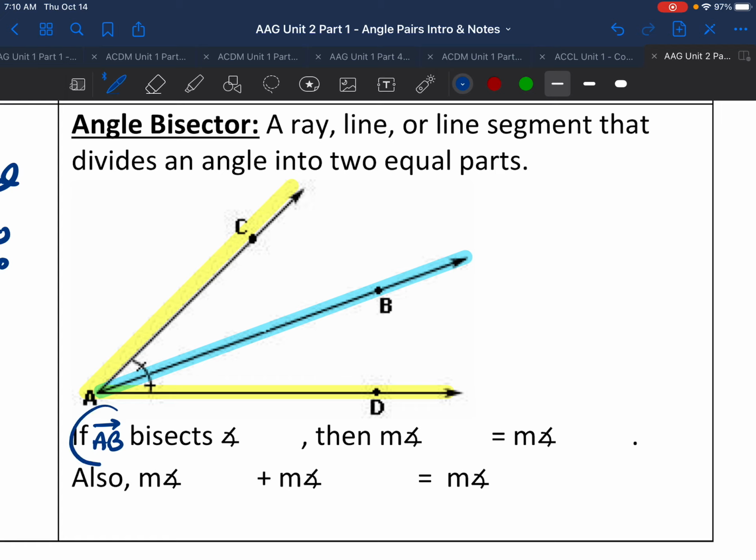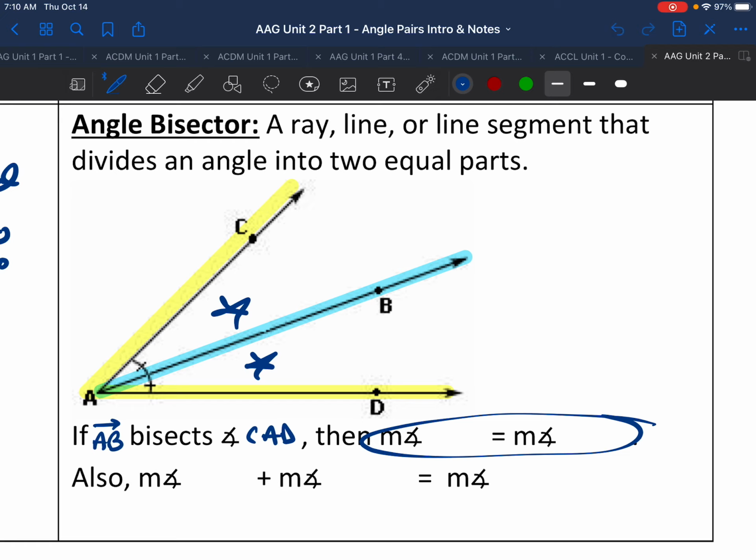So if ray AB bisects angle CAD, well, then it means it cuts it in halves, 2 equal pieces. So which 2 angles are equal? Well, I'm going to say angle CAB and angle BAD are equal to each other, because the whole angle is getting cut into two equal pieces.